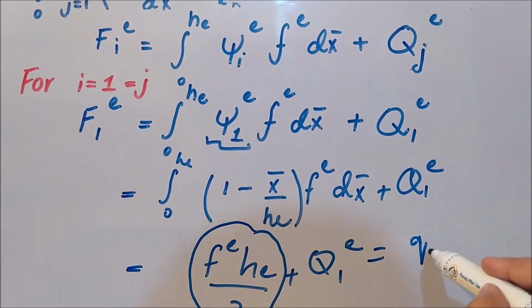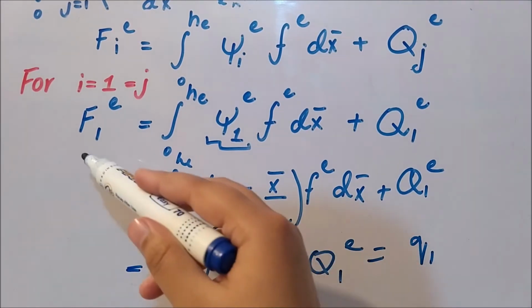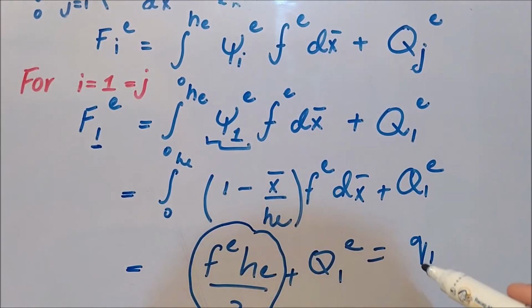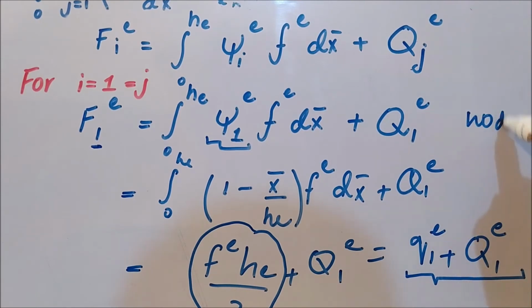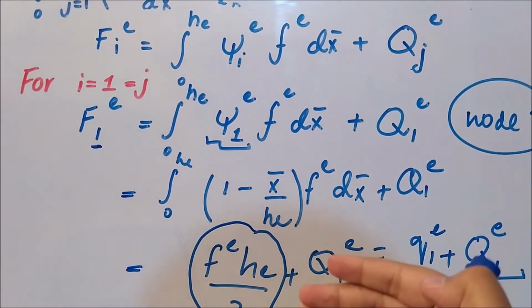So this is q1, because we have ψ1 here, q1 for an eth element plus capital Q1 for E. Here Q1 is a discrete part of the continuous load, that is F on node 1, and the total force on node 1 is a linear combination of this small q and capital Q. So this was on node 1, and we have to derive it for node 2.